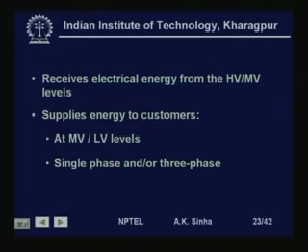So medium voltage and low voltage levels are around 33 kV, 66 kV, maybe 11 kV, or lower voltages of the order of 3.3 kV or 400 volt, 415 volt, and so on. The distribution is in terms of three phase as well as single phase, whereas the generation and transmission is always in a three phase AC system.